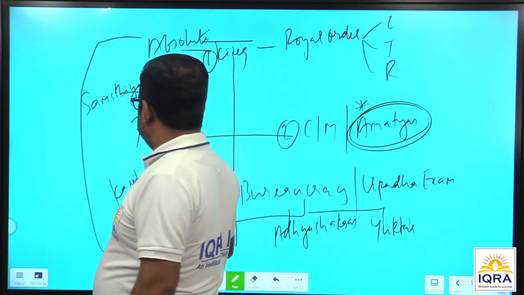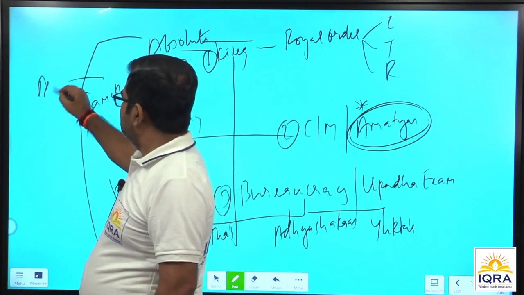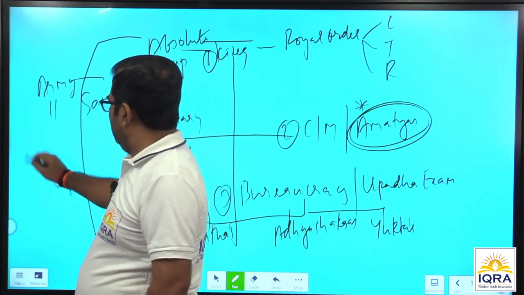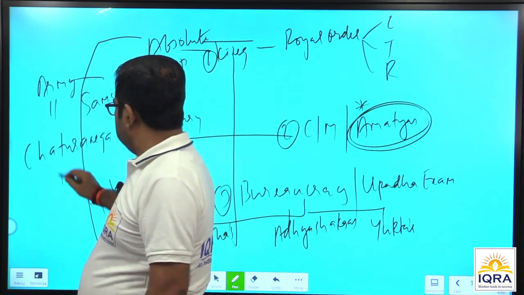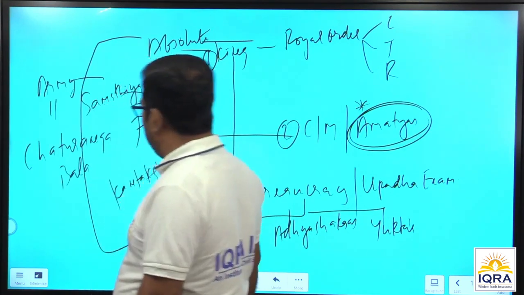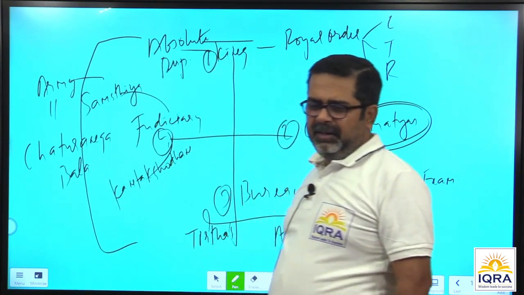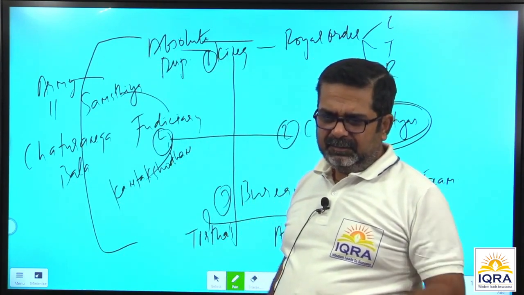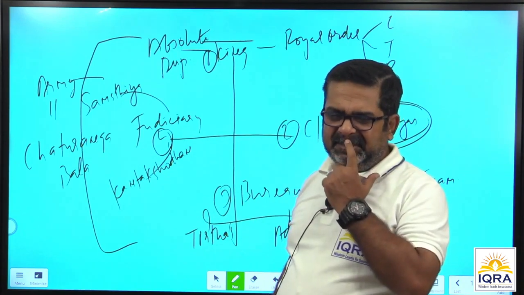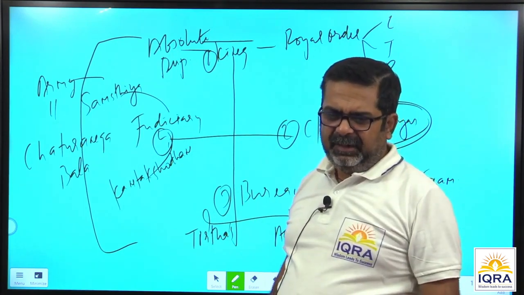Fourth, army. Chaturang Bal, 4 limbs of army. Infantry, chariot, elephant.